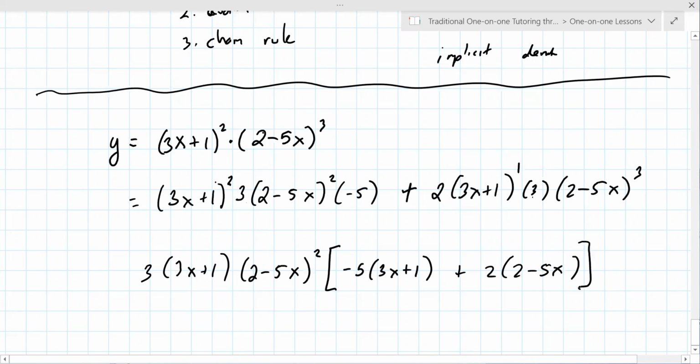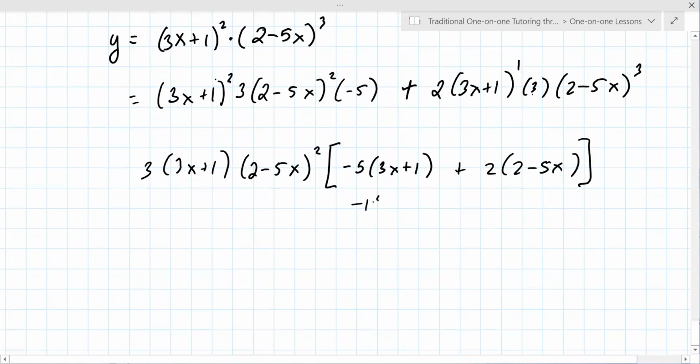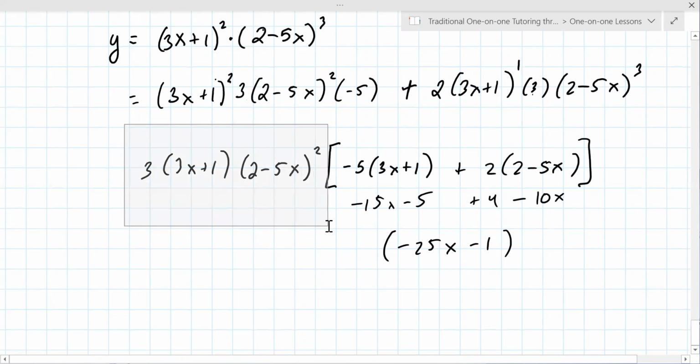Okay, and then from here, there's a lot of things they could do. They probably distribute this as -15x minus 5 plus 4 minus 10x, and then they combine like terms. So -25x minus 1, and then they bring the rest of this down.